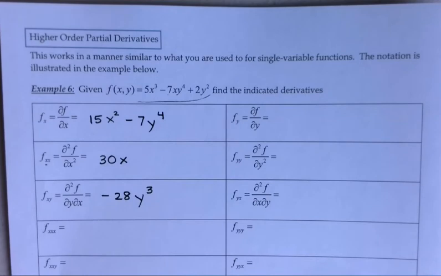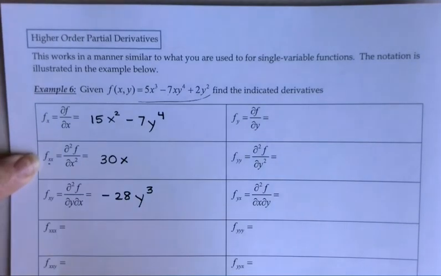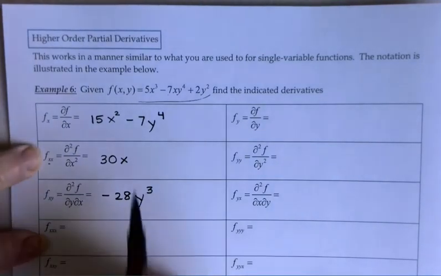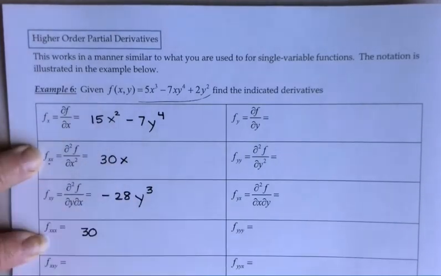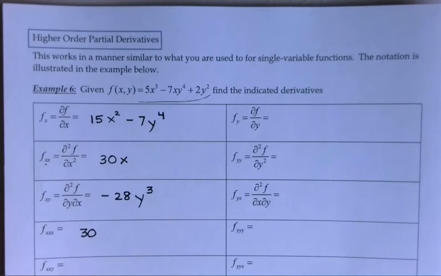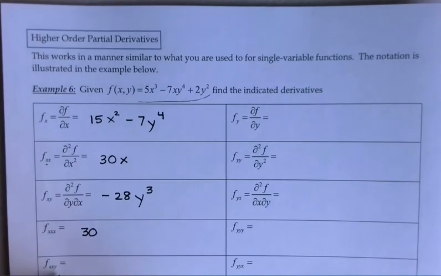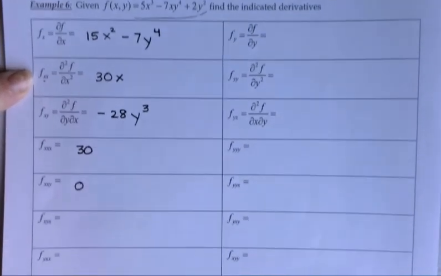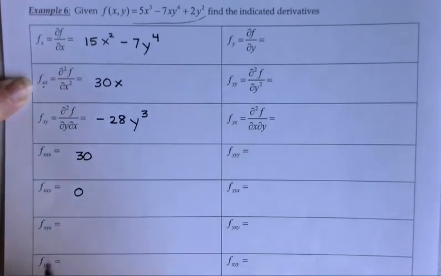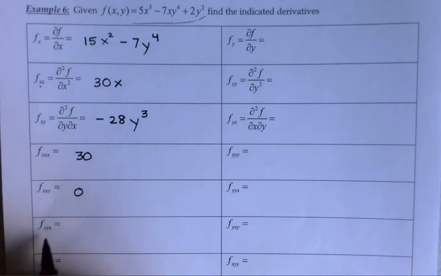All right, let's do a third derivative, f sub xxx. So I'm going to go back to f sub xx and just do another derivative with respect to x, giving me 30. How about f sub xxy? Again, start at f sub xx. The derivative of that with respect to y would be 0. How about f sub xyx?